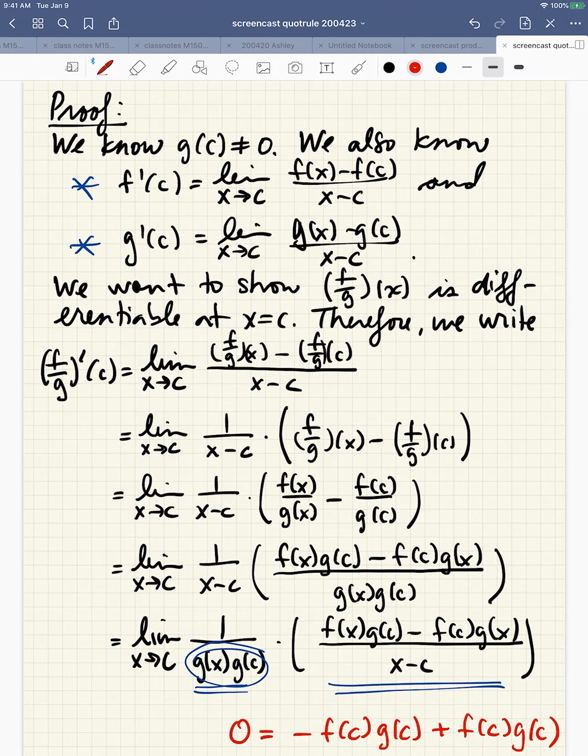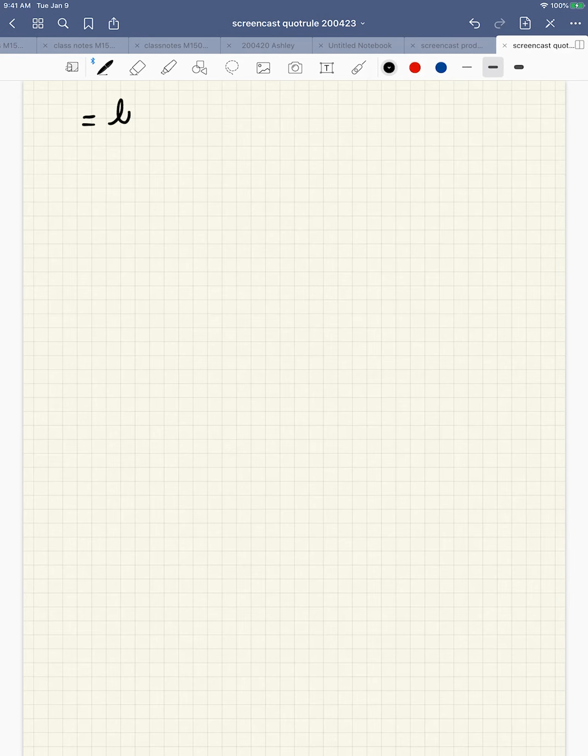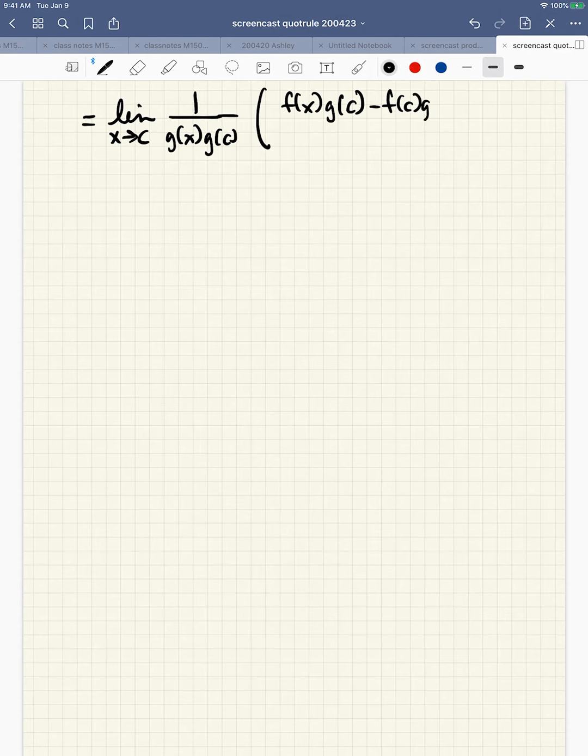So continuing those equal signs, we have the limit as x goes to c. So we had this. And then in my numerator, I've got f of x, g of c. And here's where I'm going to put that. And then I'm left over with f of c, g of x.